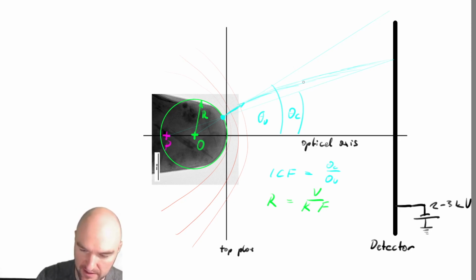And this essentially gives us the approximation for the trajectory. And from this image compression factor, you can also calculate what this distance is here.